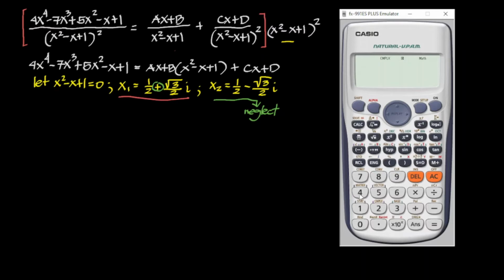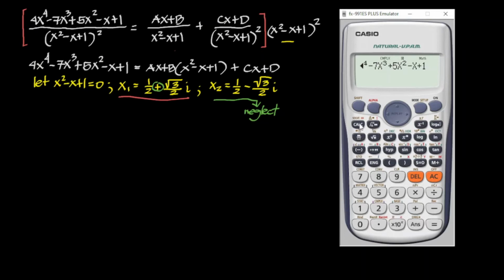Okay, so lagay natin 4x raised to the power of 4 minus 7x cubed plus 5x squared minus x plus 1.